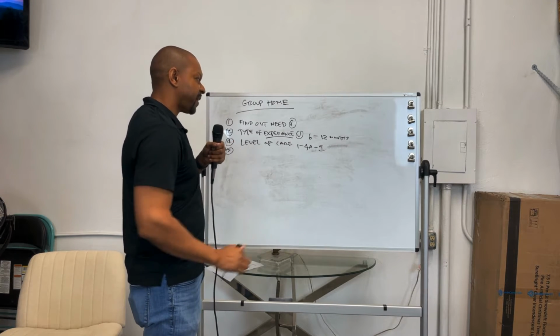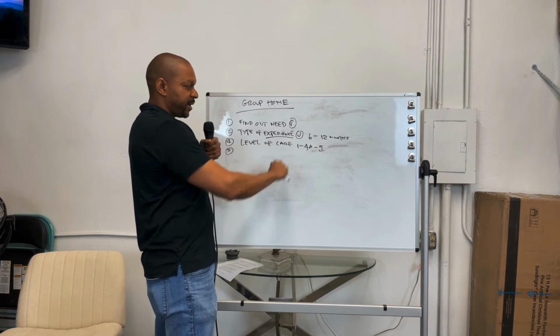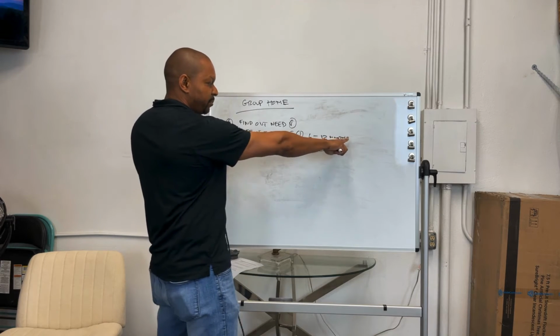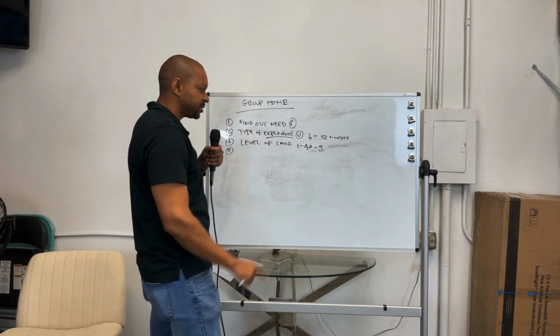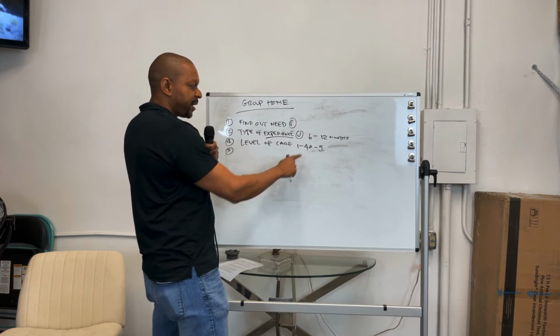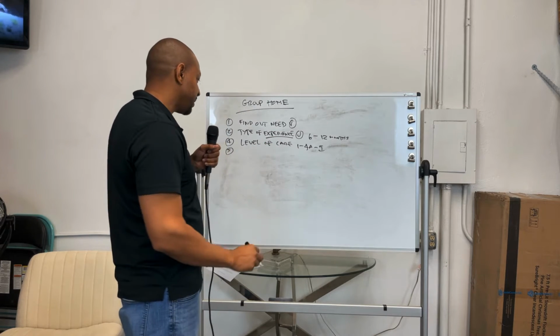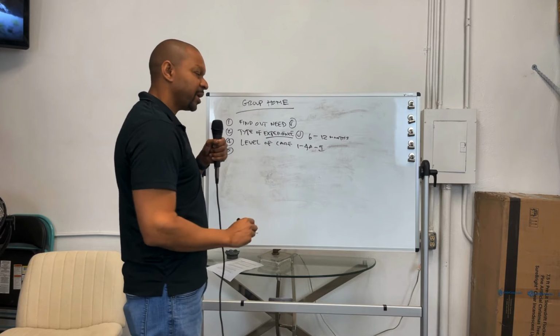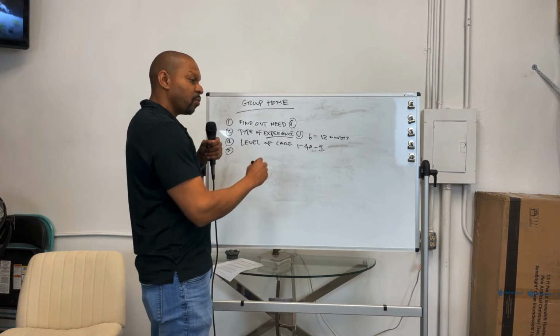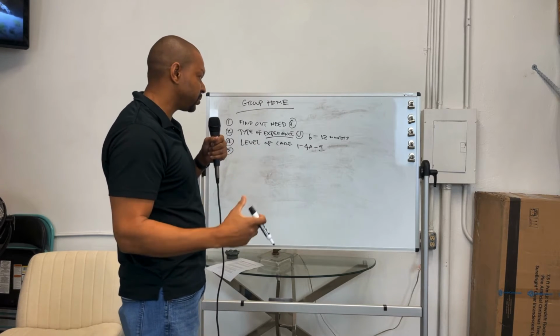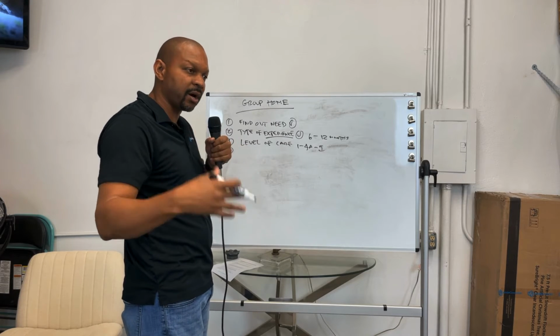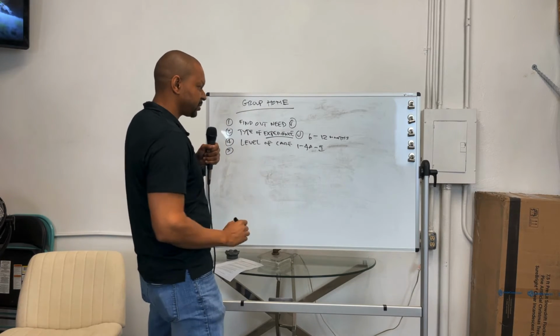So once you guys find out the need, the experience that you need, you meet these experience requirements, you find out the level of care, which is related to the type of experience, then you want to find out what is the process for you to begin working on to get vendored through the regional center.